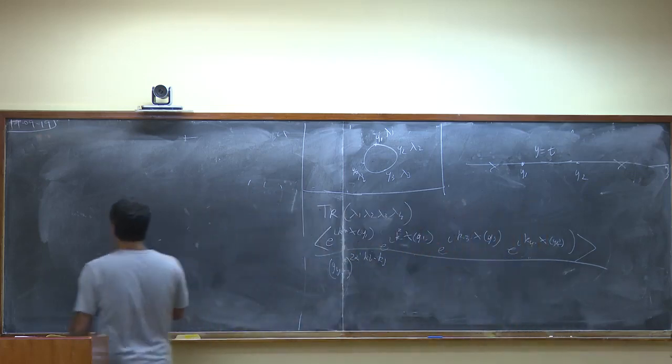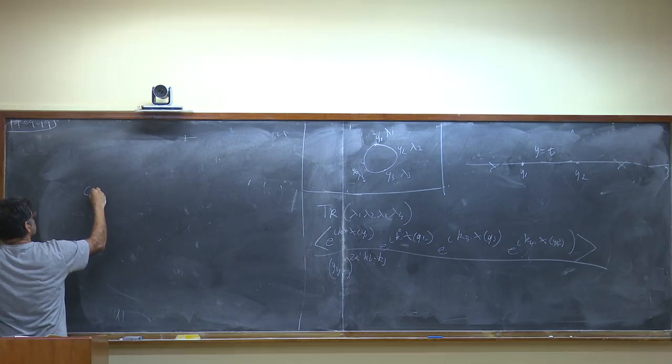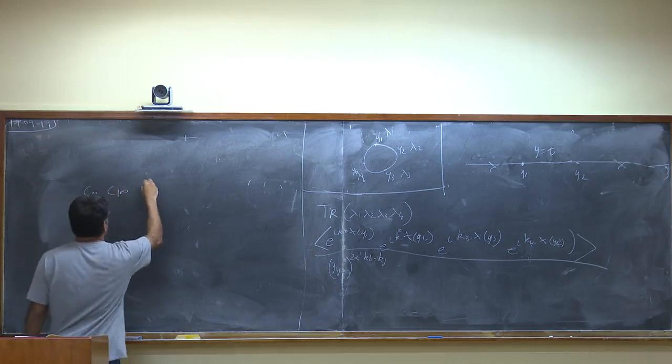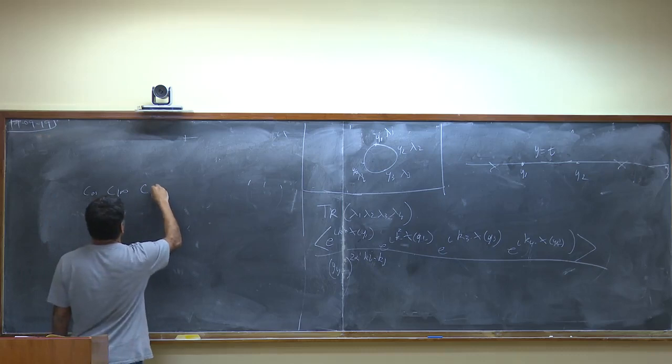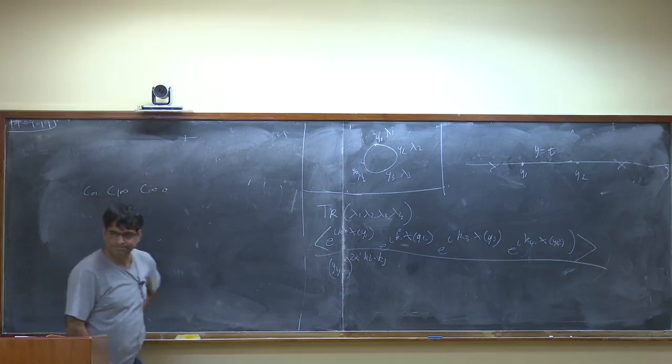Okay, the ghost dependence is what? It was c, and now I'm going to call it, depending on where they're inserted, c at 0, 1, c at 1, infinity, and c at infinity, 0.